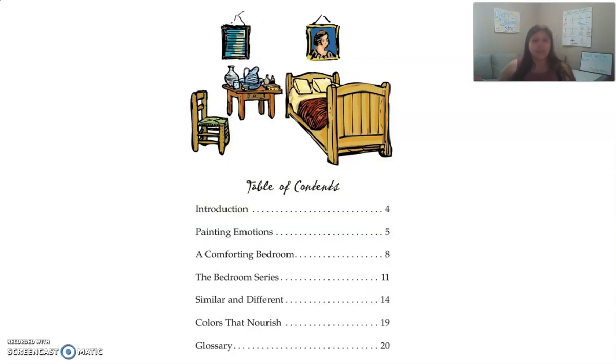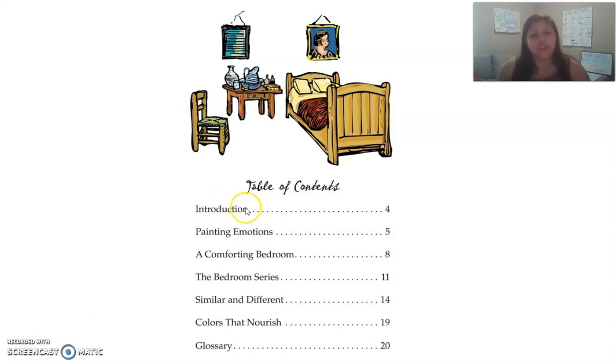Let's stop here at the table of contents. Remember, to help you understand what you're about to read, the table of contents will help you with that. Look at the table of contents and get an idea of what we are going to learn. What do you think we're going to learn in this book?